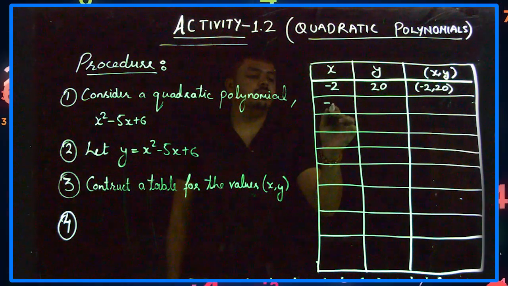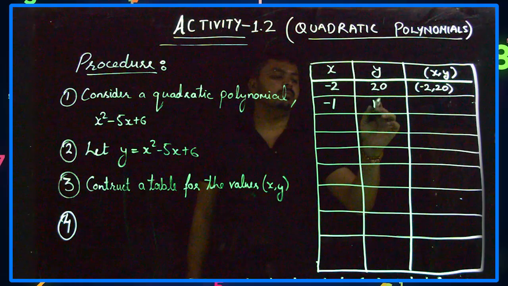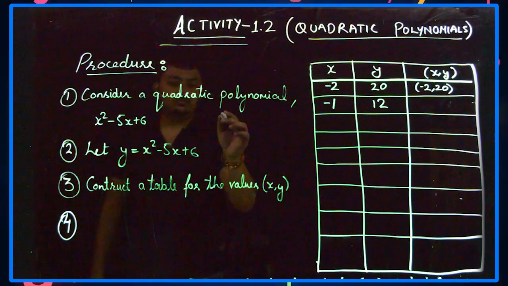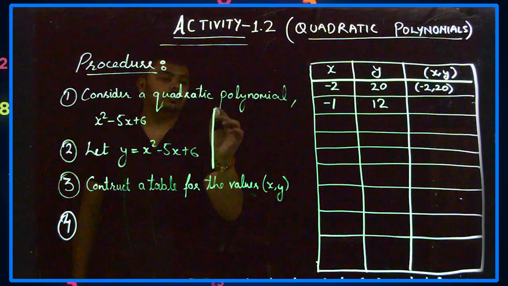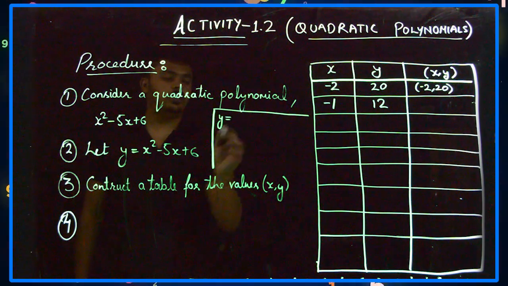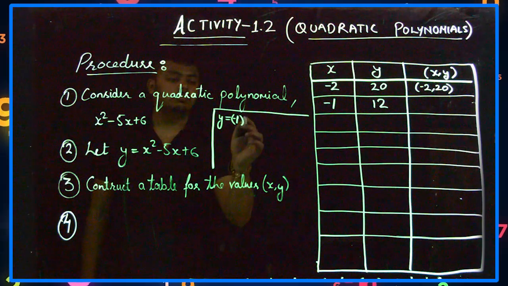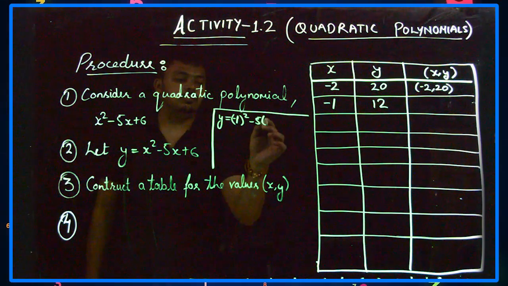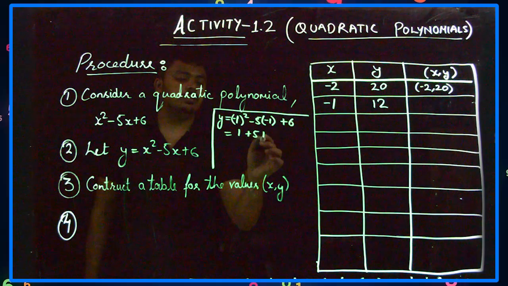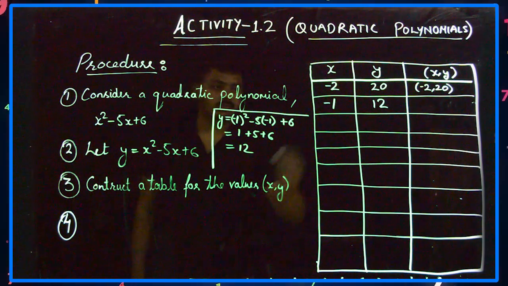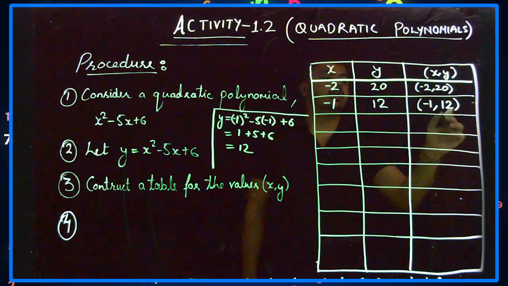Similarly, now let x be minus 1. Then minus 1 square minus 5 into minus 1 plus 6 equals 1 plus 5 plus 6 equals 12. So our coordinate becomes minus 1, 12.